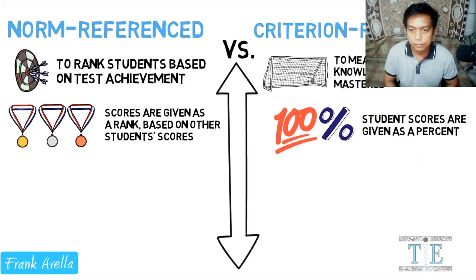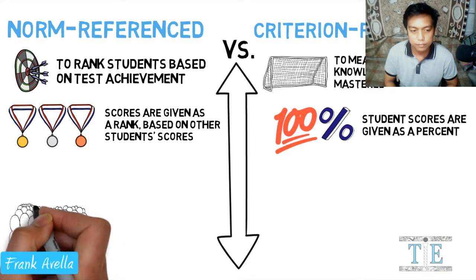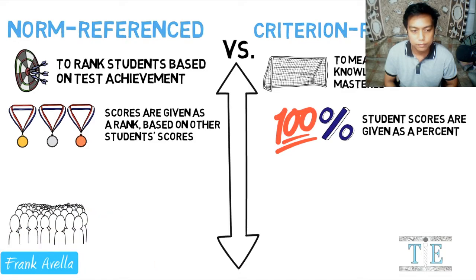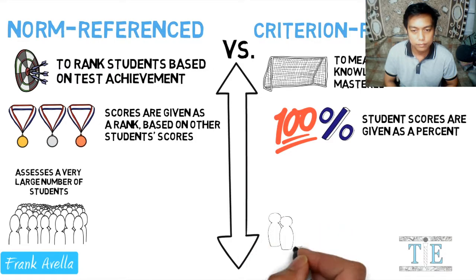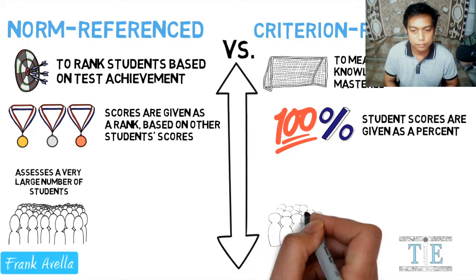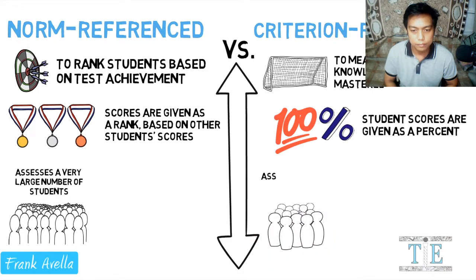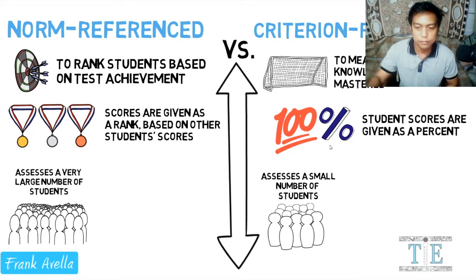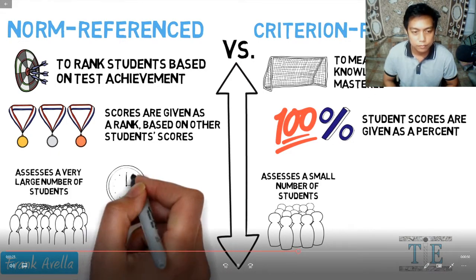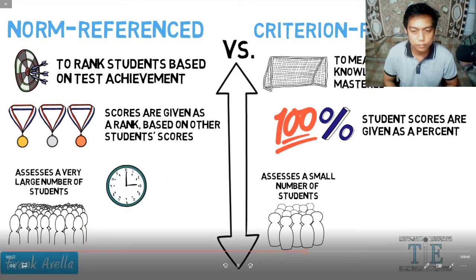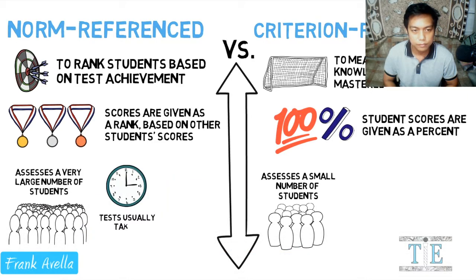Now, a norm referenced test would differ from a criterion referenced test in the number of students tested. Norm referenced tests usually assess a large number of students. Criterion, on the other hand, usually assesses a smaller number of students. Norm tests take a longer time to develop, and they take a longer period of time for students to complete as well.